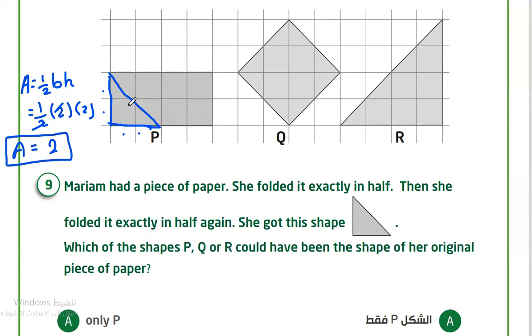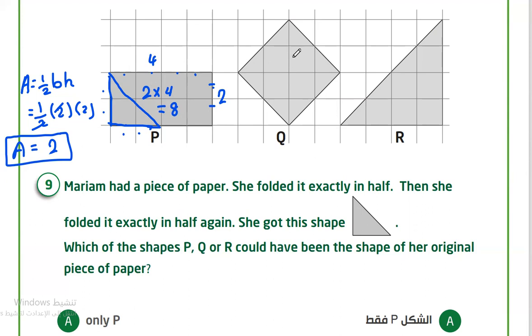Now we want to find the area of each shape. Here, a rectangle, what is the area? It is here 2, and here it is 4. You multiply 2 times 4 equals 8. So the area is 8 here, okay?